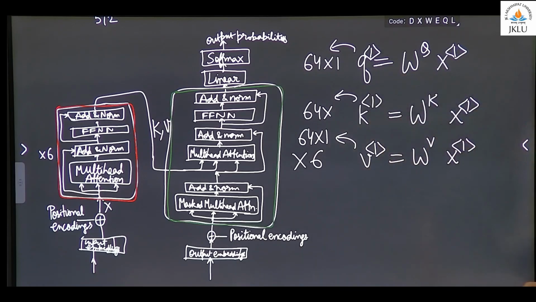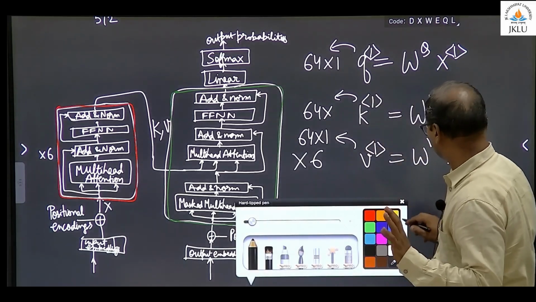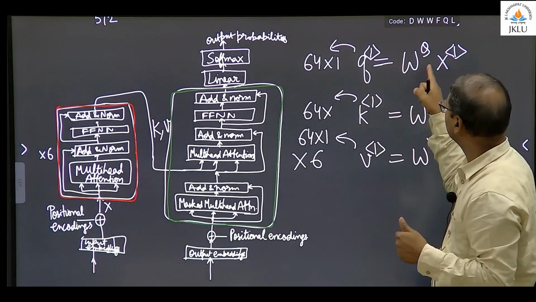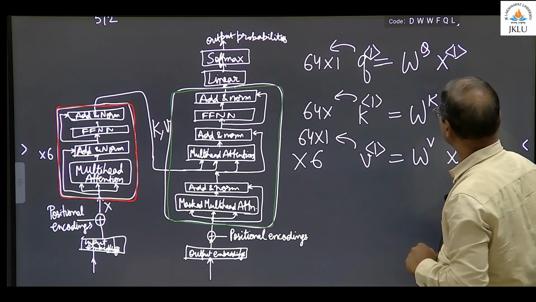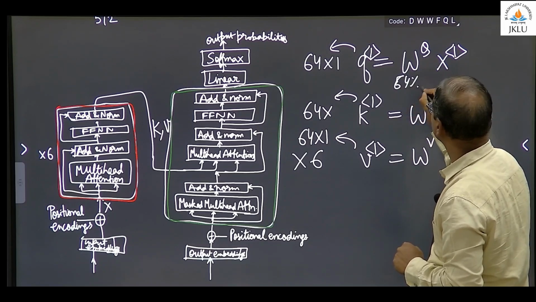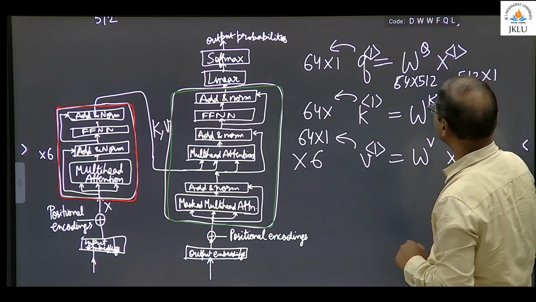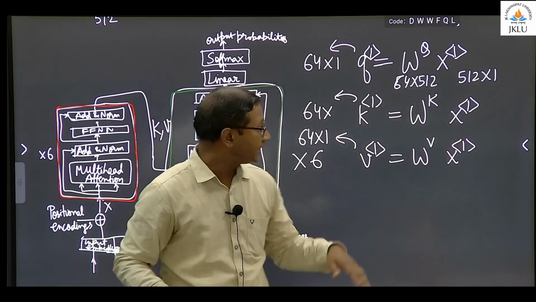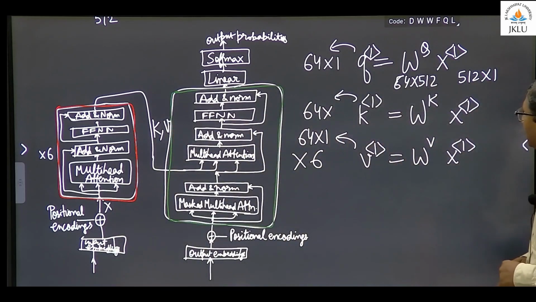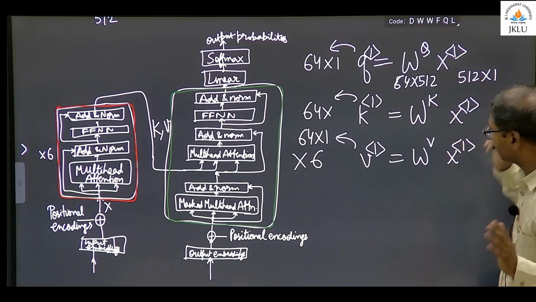Okay, let's keep it this way, but keep your Attention Is All You Need open, because I might make mistakes here. So now this becomes 64 cross 512, and this guy is 512 cross 1, so that gives me 64 cross 1. Similarly for all of these guys. Okay. So I have these things now as before and done.